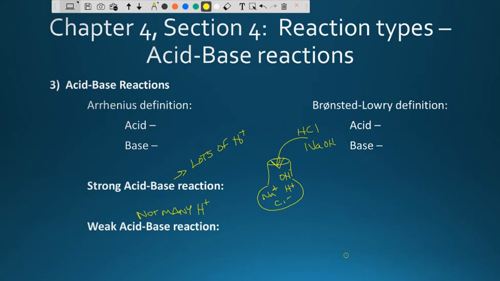But here I have a case with a weak acid or base, and we're going to get into the mechanics of how this happens. I might put in something like acetic acid, commonly called vinegar, HC2H3O2. What ends up happening if I mix that with my sodium hydroxide is I'm going to get just a couple of hydrogen ions floating around in there, not lots and lots.